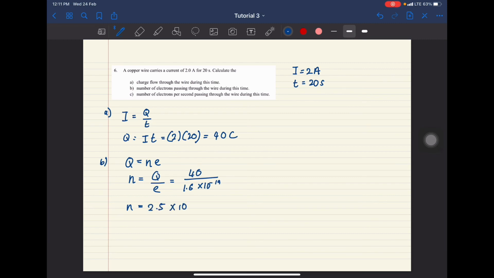Logically you will think that the number of electrons is a lot during that period of 20 seconds. Next, the number of electrons per second passing through the wire during this time. The question wants to find N divided by T. The time is already given, which is 20.